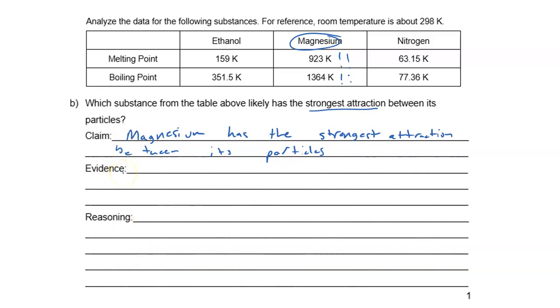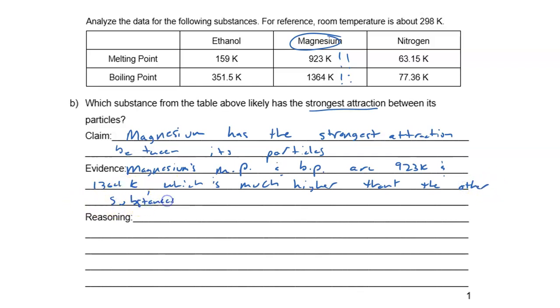Okay? Now, our evidence then is magnesium's melting point and boiling point are 923 Kelvin and 1364 Kelvin, which is much higher than the other substances, something like that.